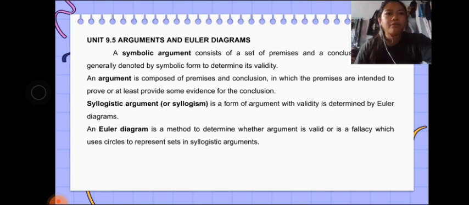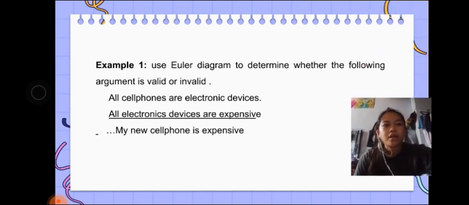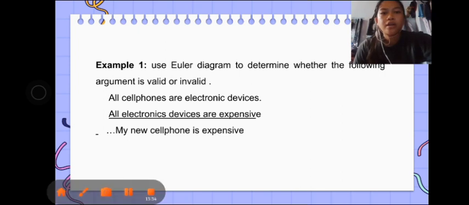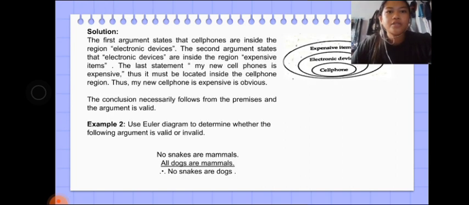So, example number 1, use an Euler diagram to determine whether the following argument is valid or invalid. All cell phones are electronic devices. All electronic devices are expensive. Therefore, my new cell phone is expensive. So the solution.